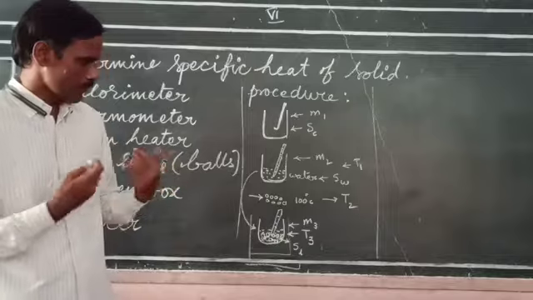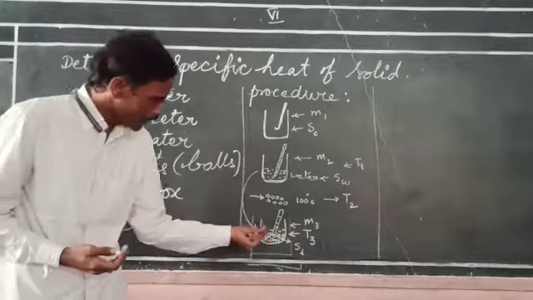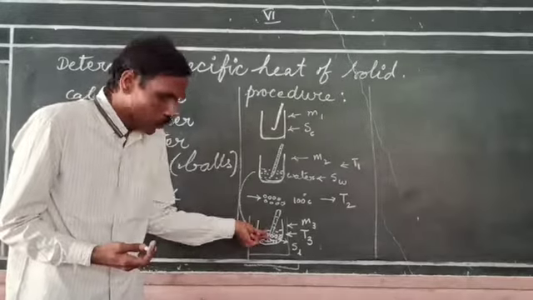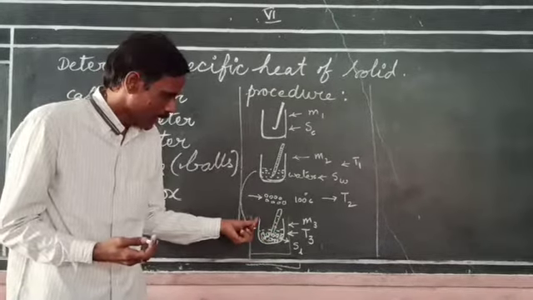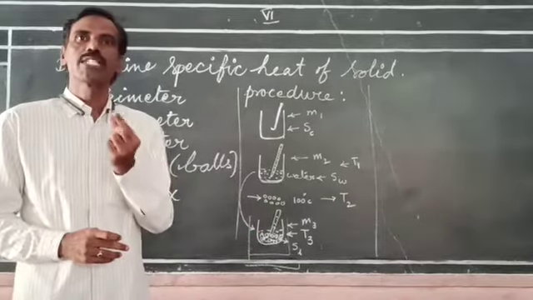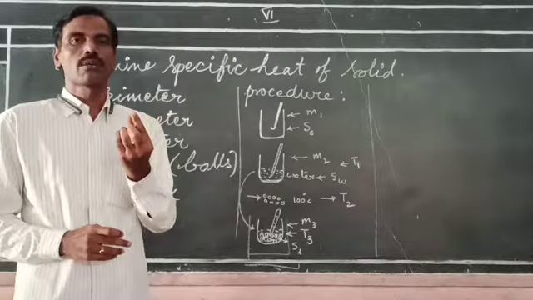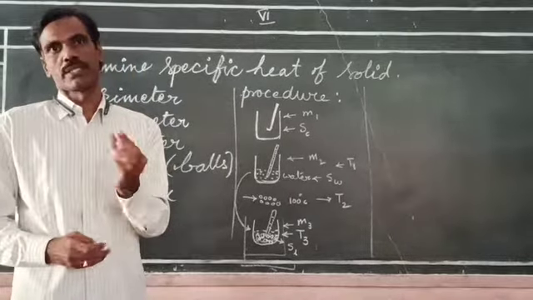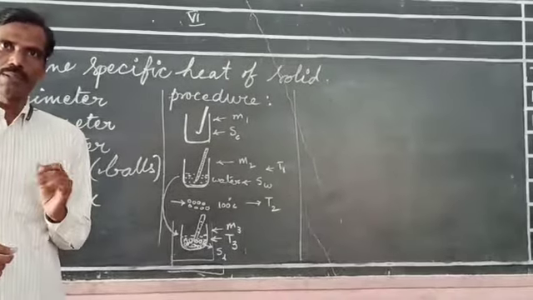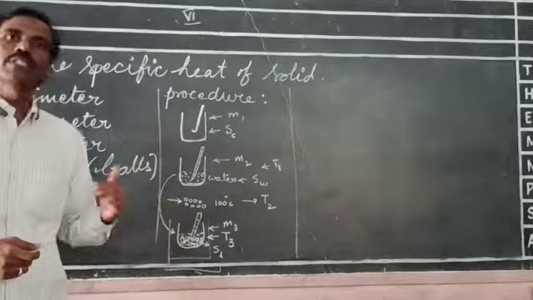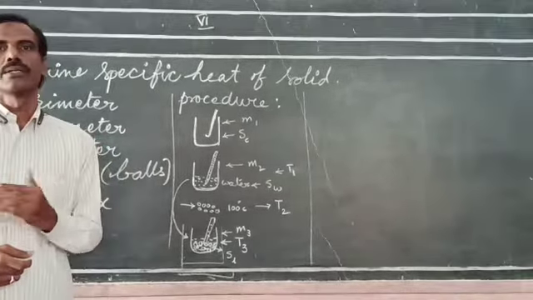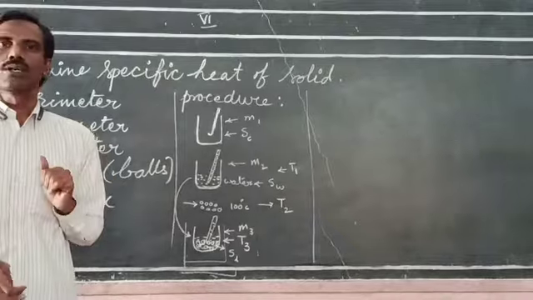If the loss of heat is minimized, the heat transfer takes place between lead shots, water and calorimeter. Now, what is the principle of method of mixtures? Net heat lost by the material which is at higher temperature is equal to the net heat gained by the materials which are at lower temperature.